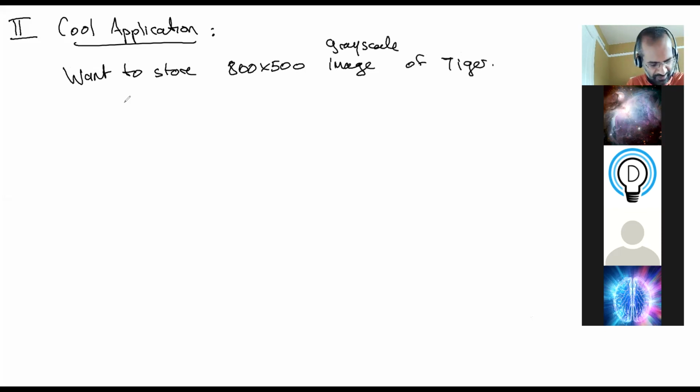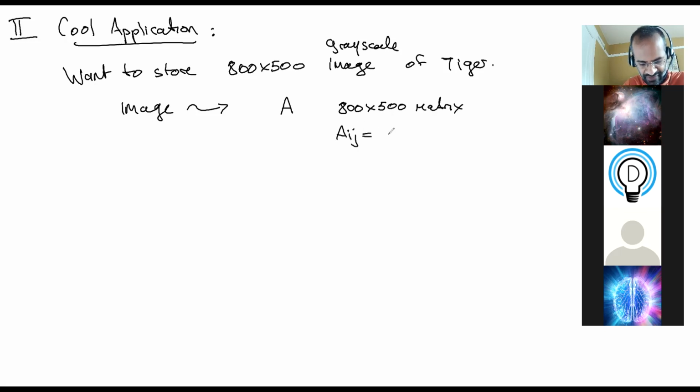Okay, so what's an image? Well, it's actually just a matrix, right? And the IJ entry is the intensity on the black and white scale of the IJ pixel. Right, so this is a pixel.